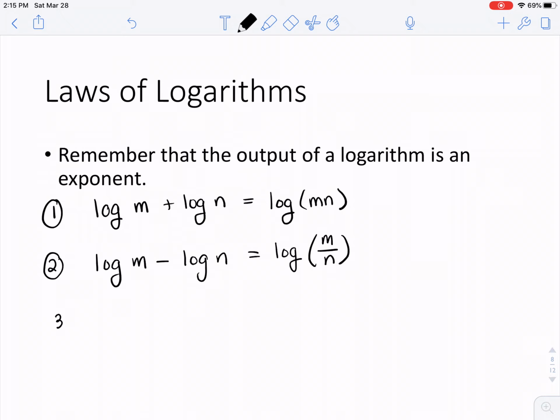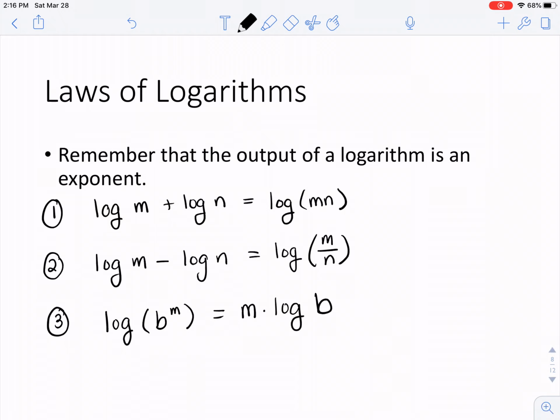The third rule, or the third law, has to do with exponents. Let's say I have the log of some value b to some power of m. That means I can rewrite this as m times the log of b.